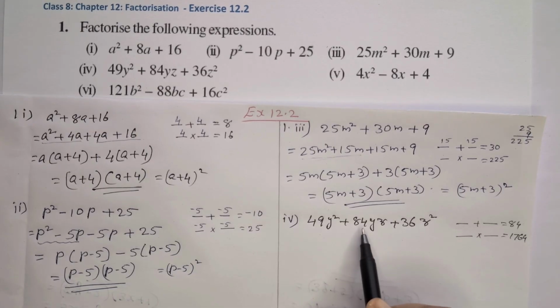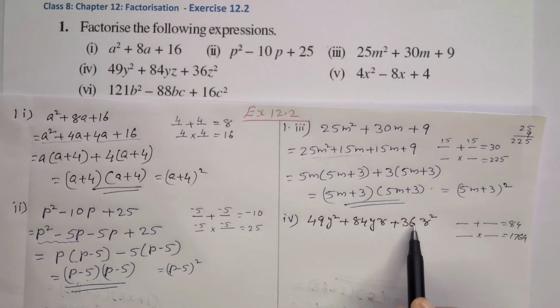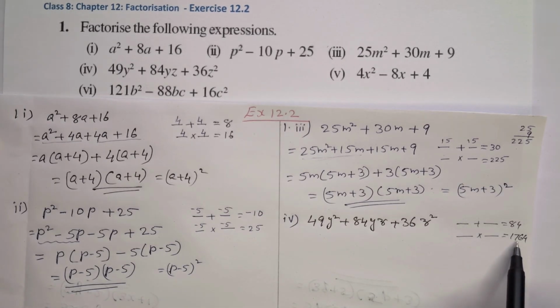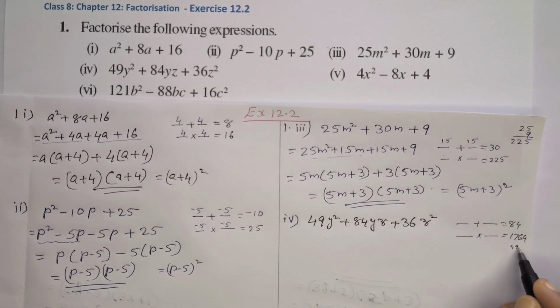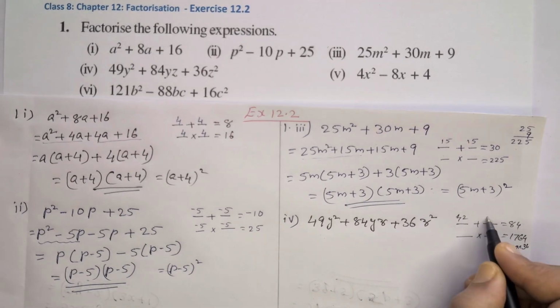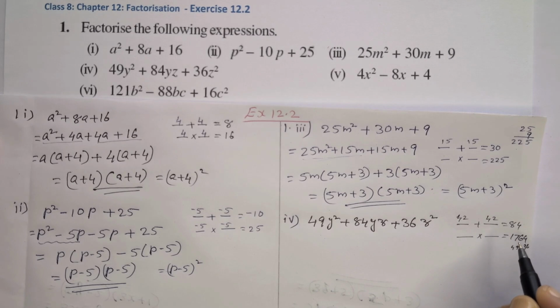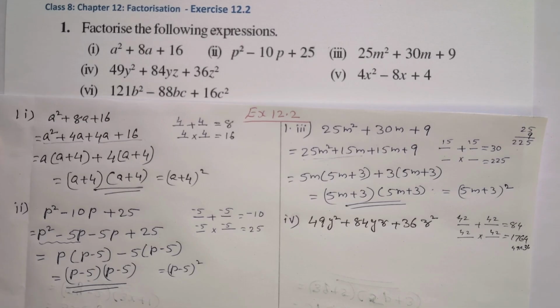Here sum as 84 and product as 49 into 36, that means 1764. Now we have to find two numbers such that 42 and 42 are the numbers. 42 plus 42, 84. 42 into 42, 1764.